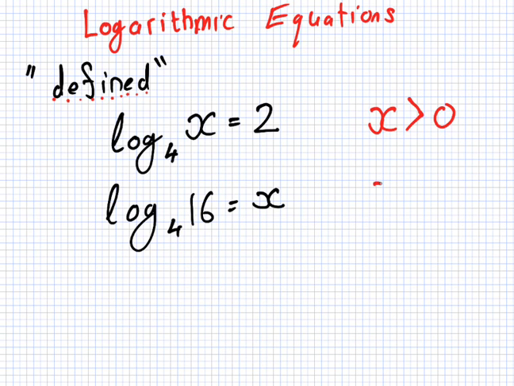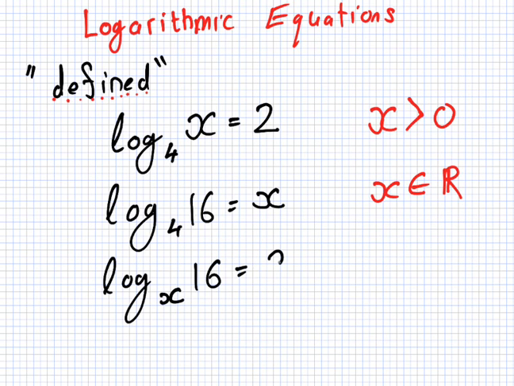So here, this log is defined for all values of x. And then finally, here, what can I say about the x here? Well, it's usual to say the x must be positive, just like how we said in the first one here.